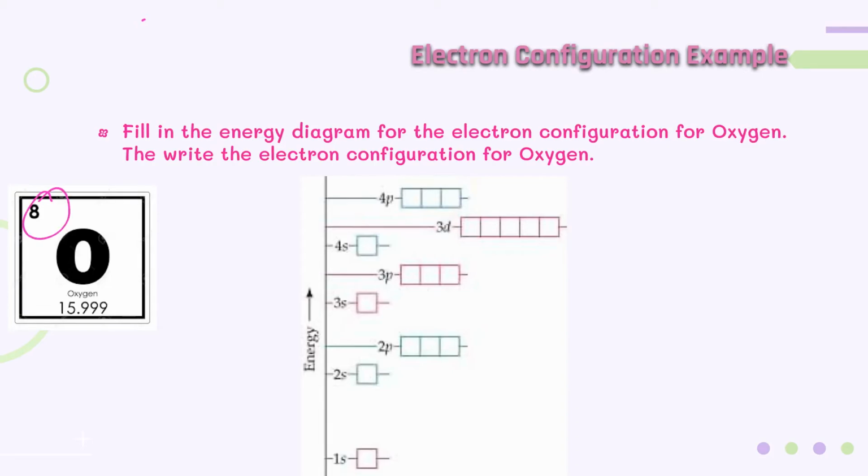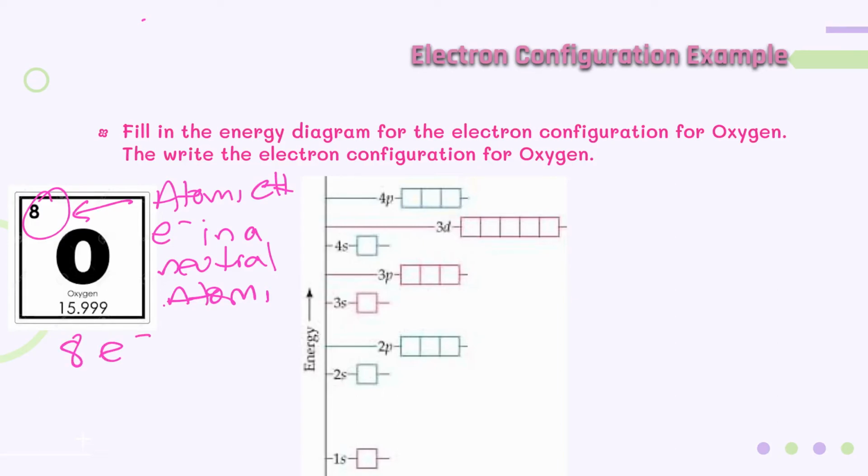We know from our previous lessons that the smaller number, the atomic number, tells us how many electrons are in a neutral atom. So in oxygen, we have 8 electrons that we need to fill in the orbital diagram.